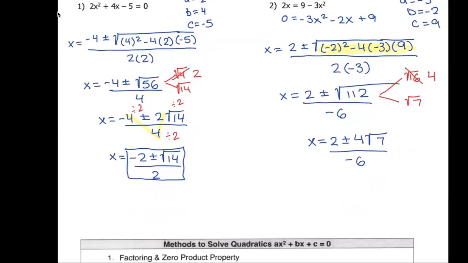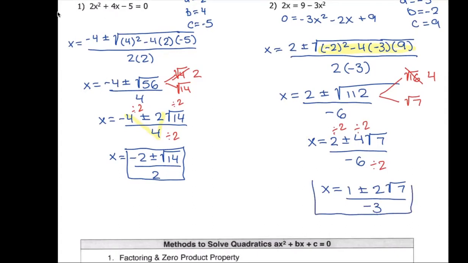Again, 2, 4, and negative 6 can all be simplified. I can divide them all by 2 again. Which gives me 1. 2 divided by 2, don't have it go away. That's a 1. 4 divided by 2 is 2. Negative 6 divided by 2 is negative 3.